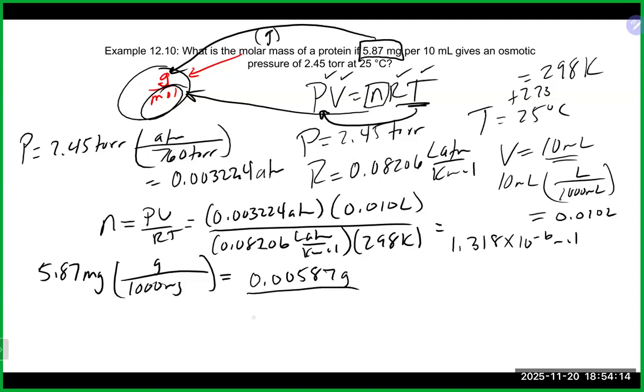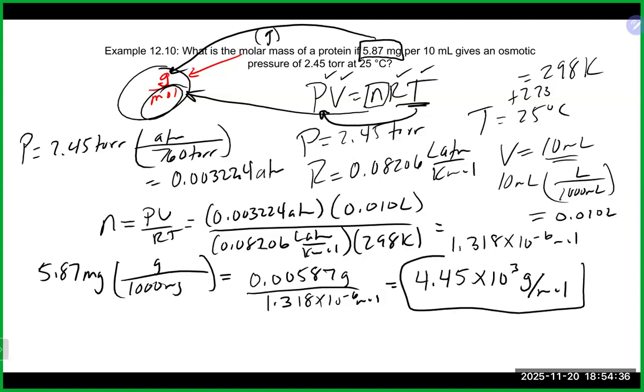We'll take that over our moles, 1.318 times 10 to the minus 6 moles, and we're going to end up with a molar mass of, we'll go with, 4.45 times 10 to the 3 grams per mole. So that's a pretty big molar mass for our protein, which is probably fairly big as well. Any questions on that?